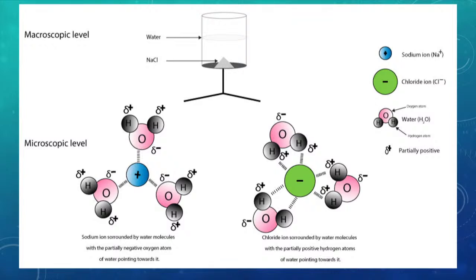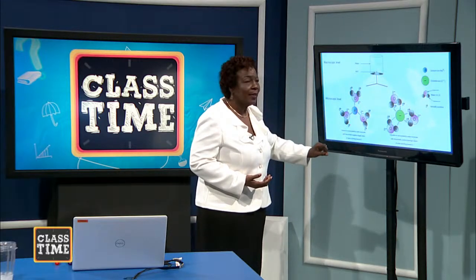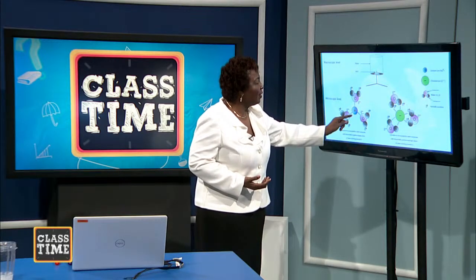And if you look here, you'll see this blue atom here with a positive charge, so it's a sodium ion. And notice that at the microscopic level, which of these atoms will be attracted to the sodium ion. It's the negatively charged oxygen, which has the delta negative there, so it's going to be attracted to the positive.